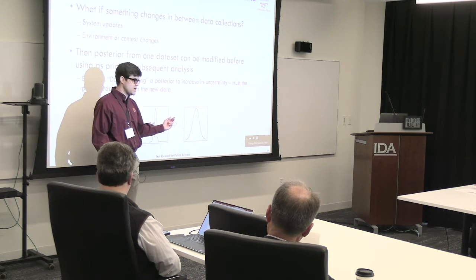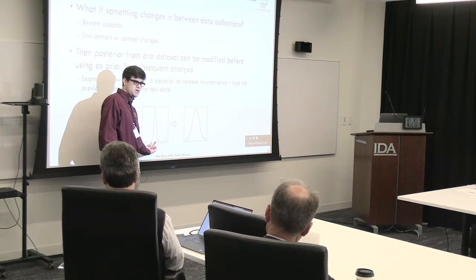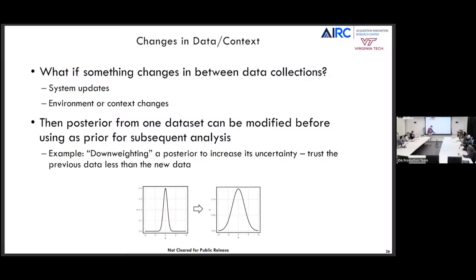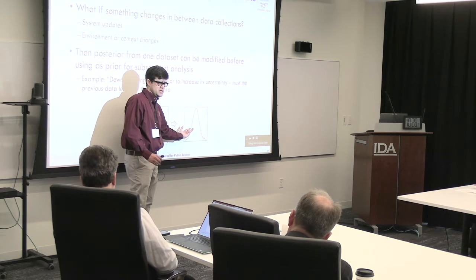Maybe I trust the point estimate, the mean or the peak, pretty well, but maybe I don't trust it as much as I did if I was just doing more DT. So what I'm going to do is leave the mean the same, but just add uncertainty. What that effectively is saying is that we trust DT, but we don't trust it as much as if we were doing more DT as we're going into OT.